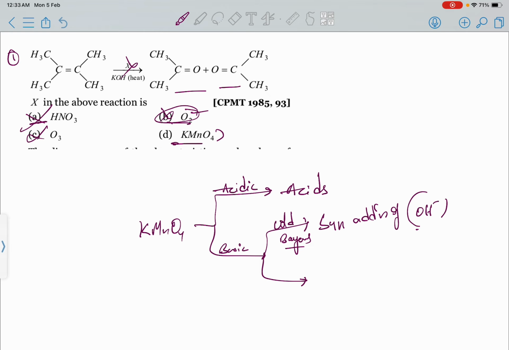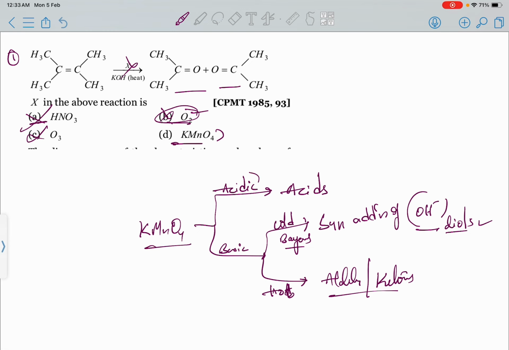And if it is hot, as we see in the above one, it will be giving us aldehydes or ketones. This is the basic major difference.